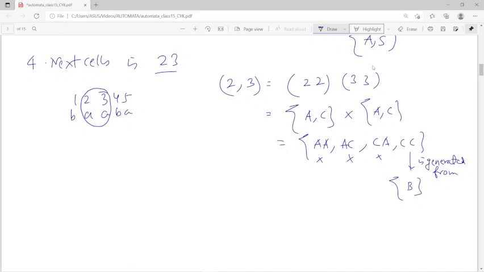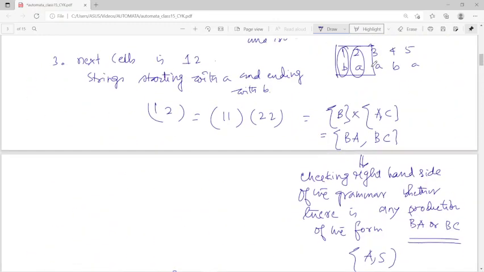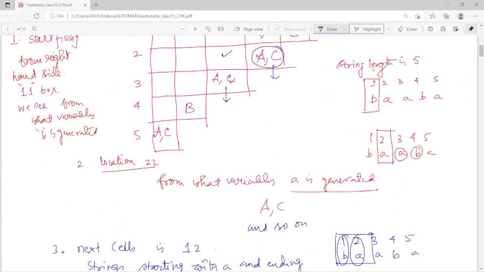That means only B has the capacity to generate AA. So we have got B, and this AA string can only be generated by B. So we understand who can generate each string, and I can write only B there, and that is the 2 3 cell.